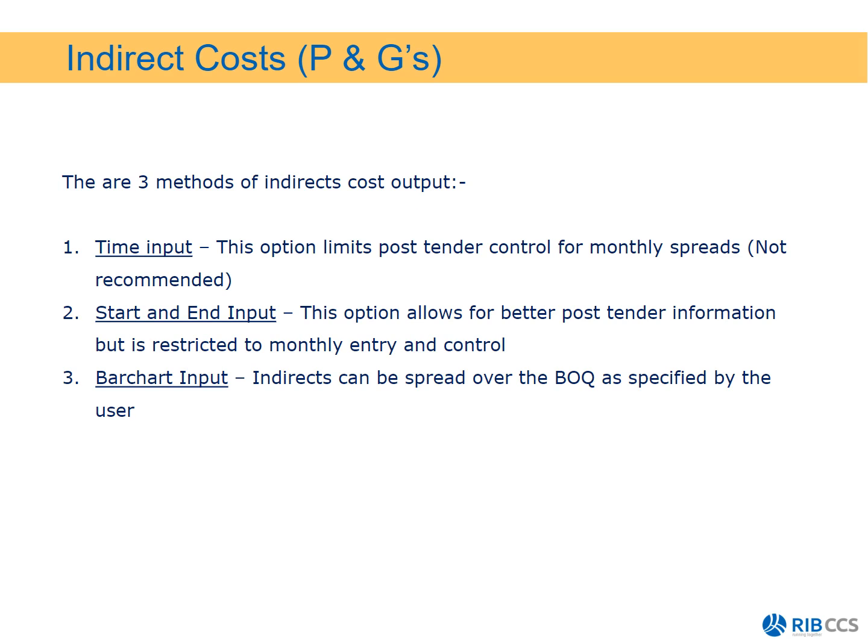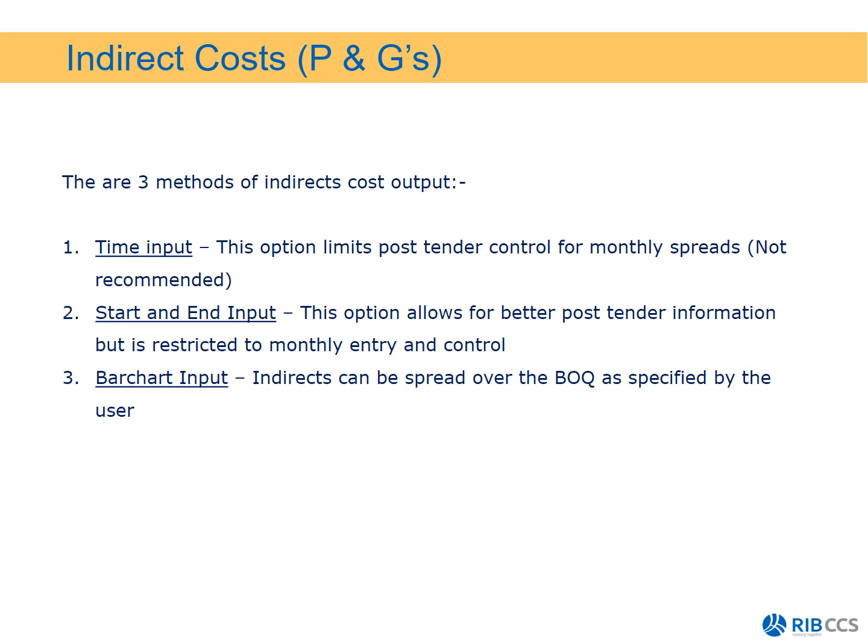The first method, which I'm going to take you through at the demonstration, is the time input. So this option limits post-tender control for monthly spreads, and we do not recommend it. This is similar to plugging a rate in Candy. The second method is the start and end input.